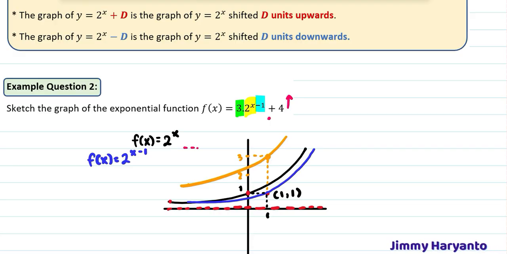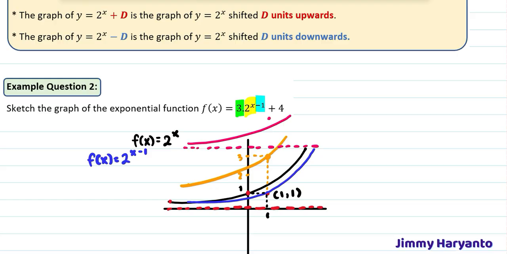So the asymptote will be right here. Not y equals 0 anymore, but it will become y equals 4. That is how you draw or sketch the graph of an exponential function after it is transformed.